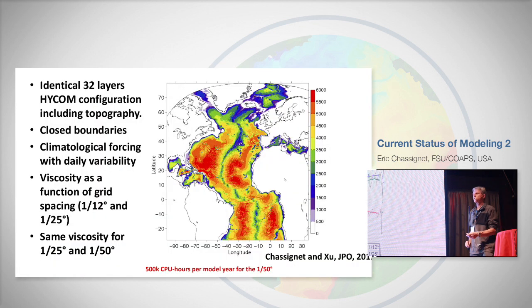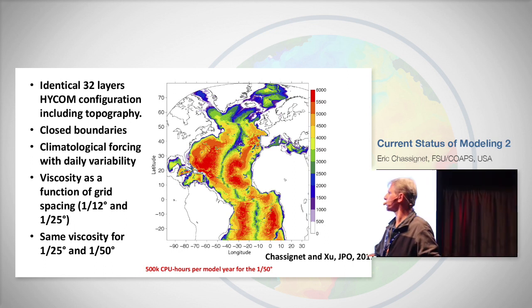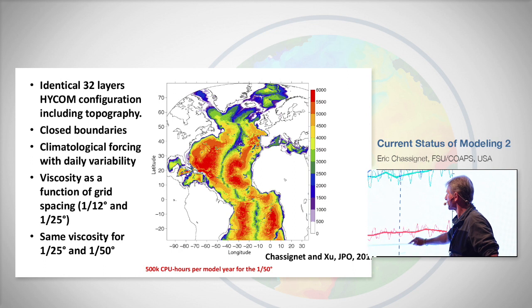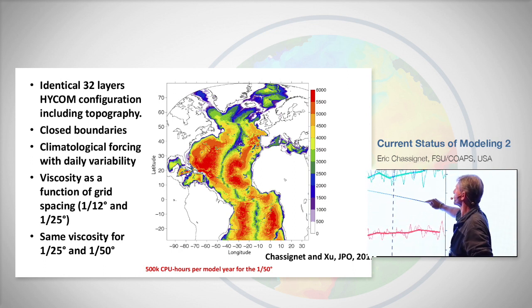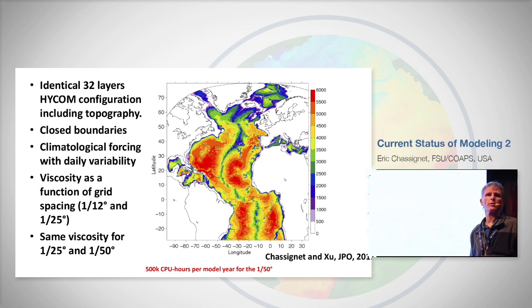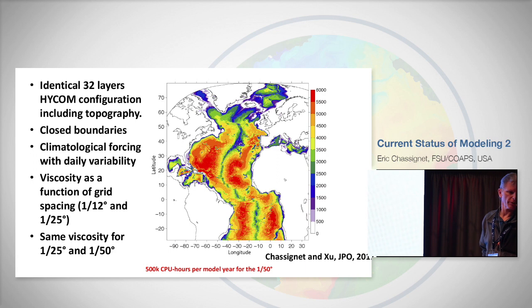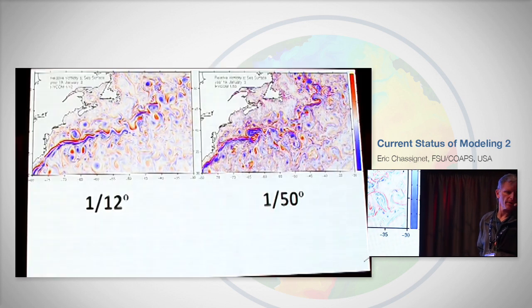So here is the global overview for the whole domain. In red, this is where you reach steady state after about 5 years, for the 1/12th degree, and you see the 1/25th and 1/50th are about the same level of kinetic energy, given the fact that the viscosity is about the same in both models.